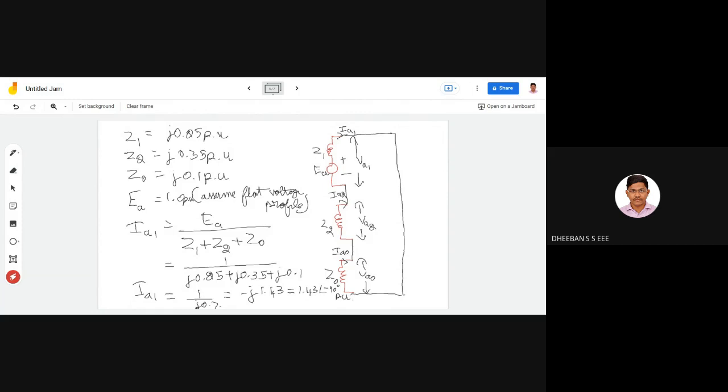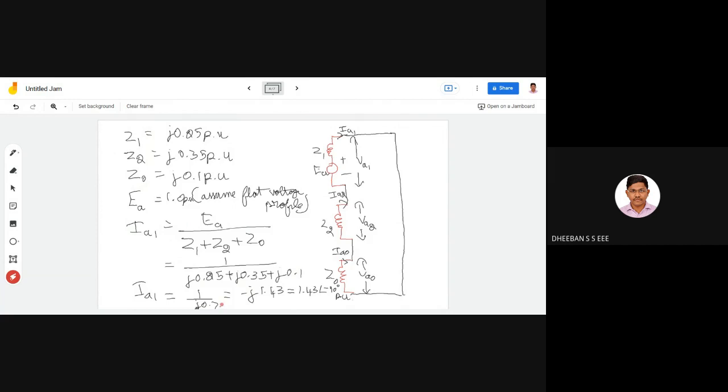For the line to ground fault, IA1 is the ratio of EA, the flat voltage profile, divided by the sum of the reactances Z1, Z2, Z0. EA is 1.0 per unit, so substitute these values and you get IA1 as 1 by J0.7, that is J0.35 plus J0.35.